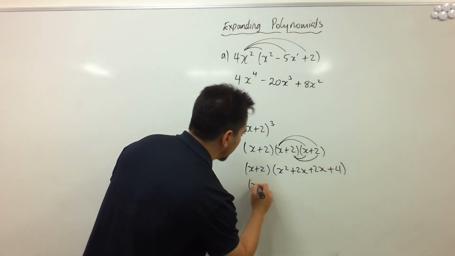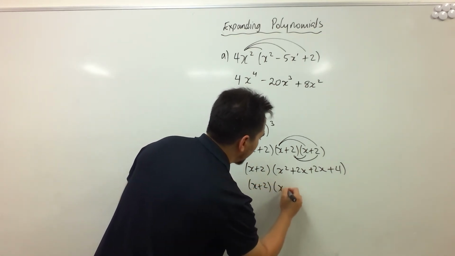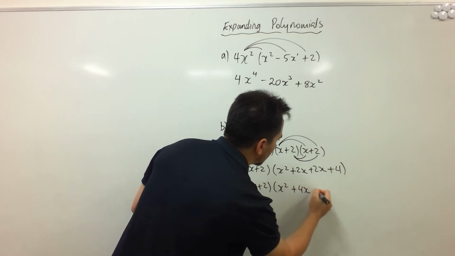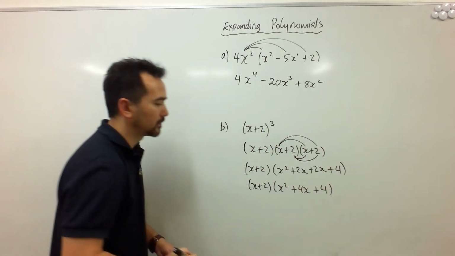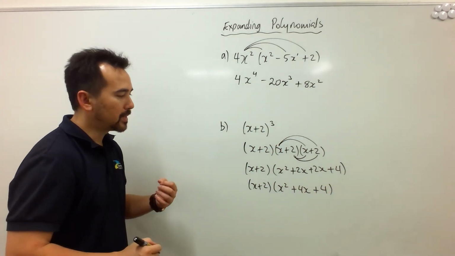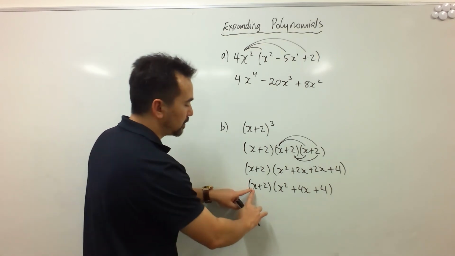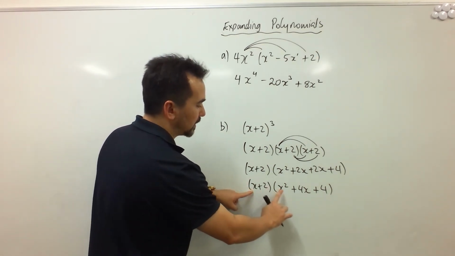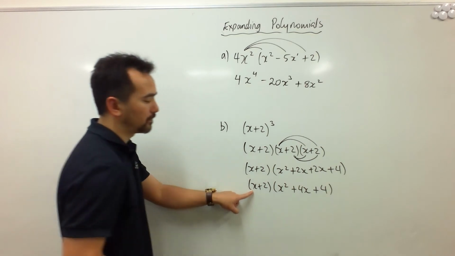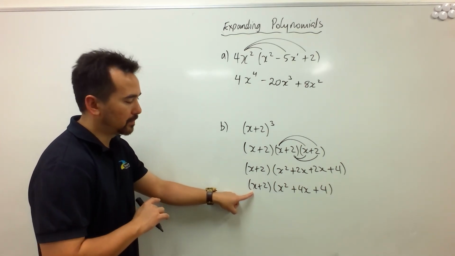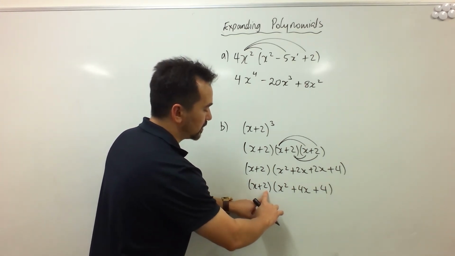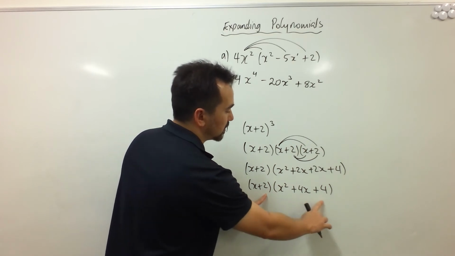So I'm going to do that first. And we get x squared plus 4x plus 4. Okay, my next step is to multiply this x by each of these terms. And then my last step will be to multiply this 2 with each of these terms.